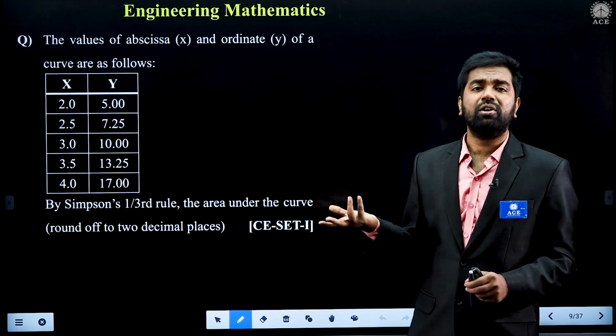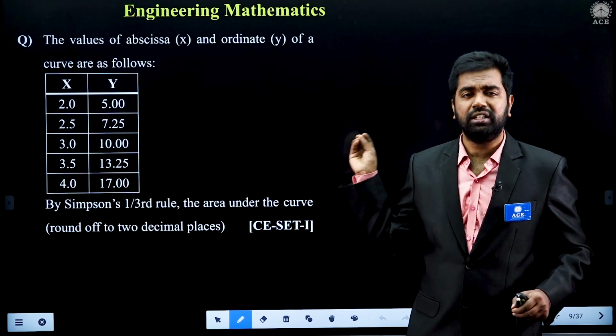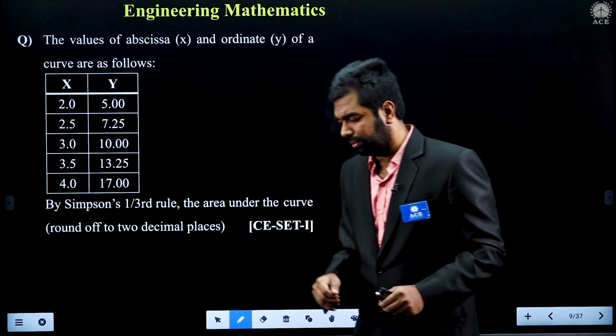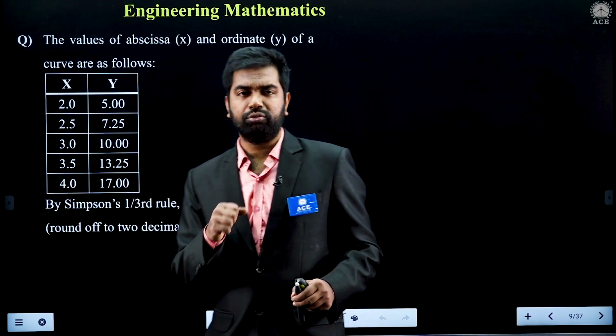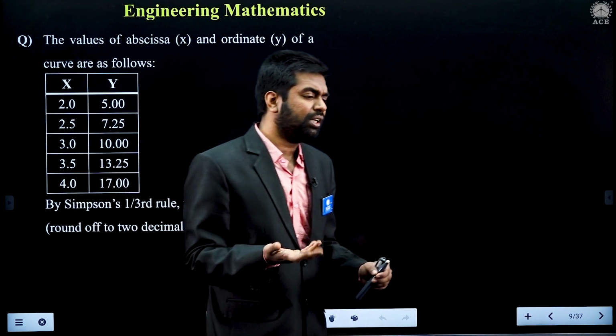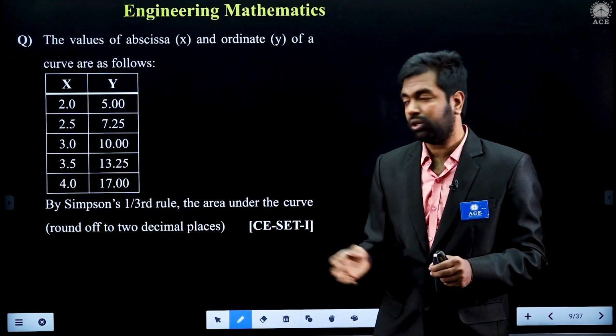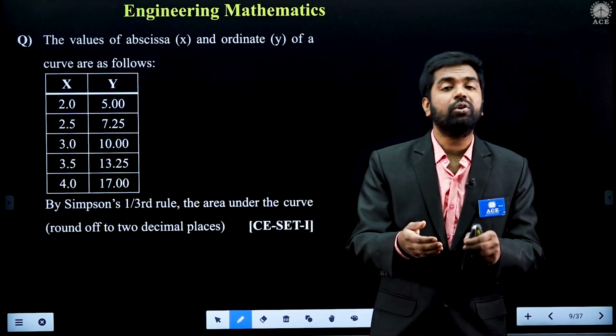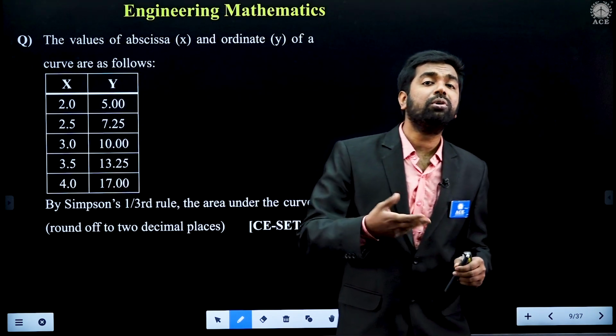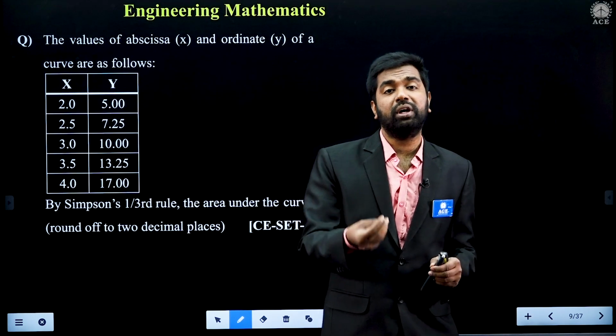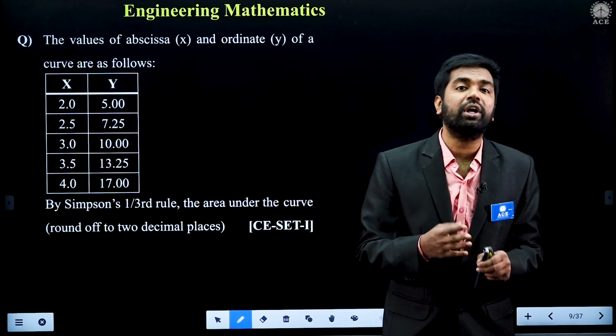If you are aware of Simpson's rule formula, then it's a direct problem. So what is Simpson's rule formula? How many subintervals I have? I have 4 subintervals. So the Simpson's rule is something like h by 3, y0 plus y4, because there are 4 subintervals. Y0 plus y4 plus 4 times y1 plus y3 plus 2 times y2.